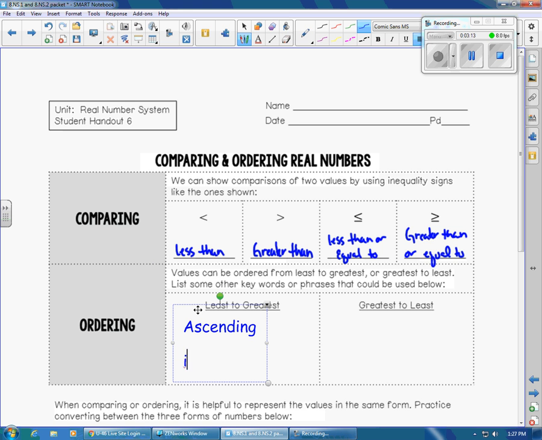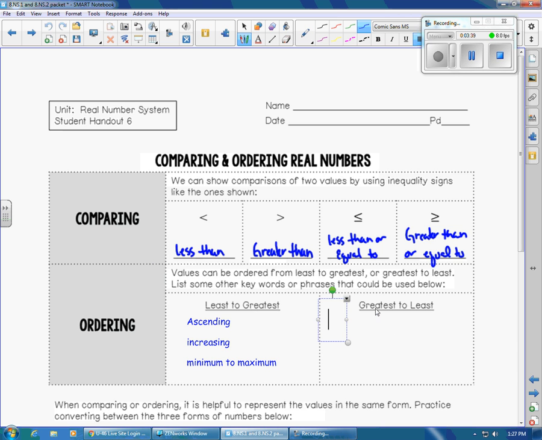Increasing, increasing order. Or minimum to maximum order. I'm sure there are others that I'm not thinking of right now. So if you want to think of others and bring them to class tomorrow to share with your classmates, that'd be great. But these are synonyms for ordering from least to greatest.